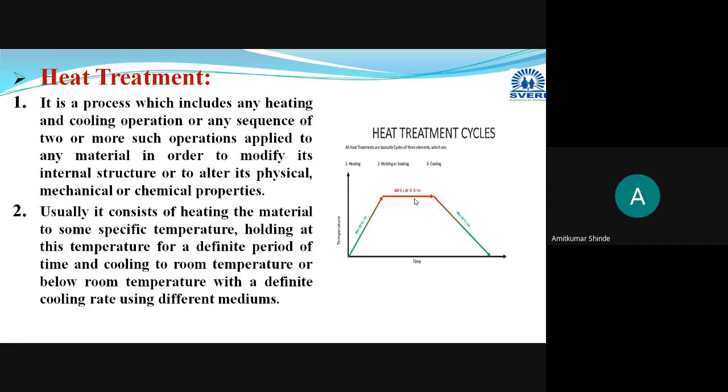The first aim of this holding or soaking cycle is to get the temperature uniform throughout, and the second is that the phases should be uniform throughout, and that phase should be austenite.